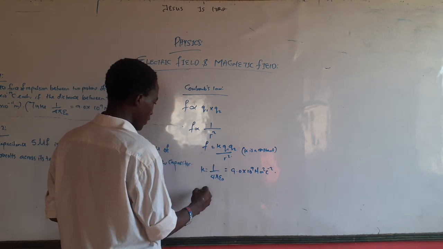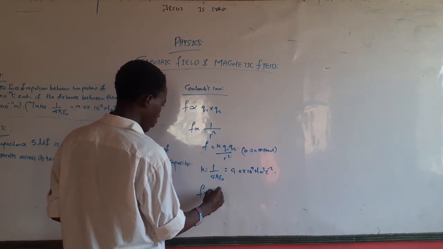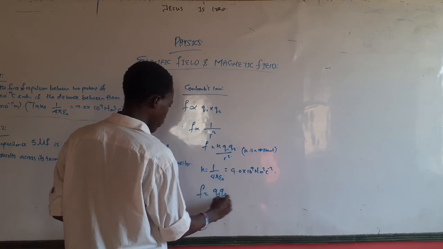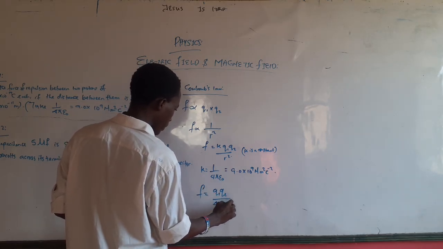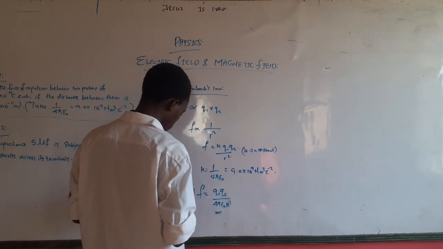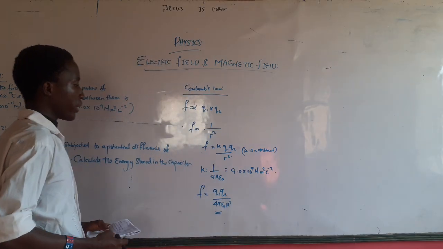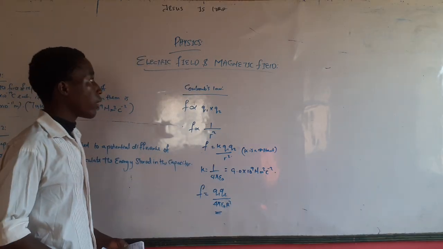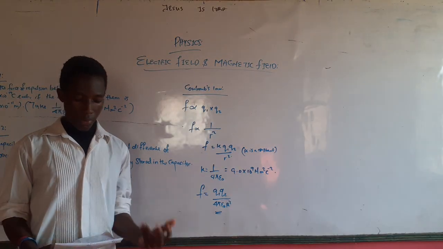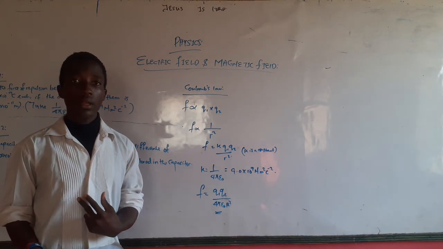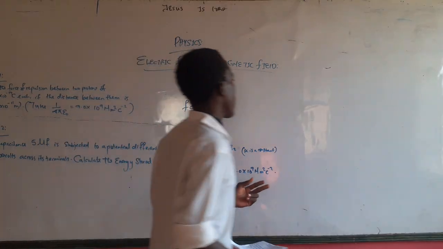We also have the general formula given as F equals Q1 Q2 over 4 pi epsilon naught r squared. This is the general formula under Coulomb's law. We're going to apply this formula to solve related questions.